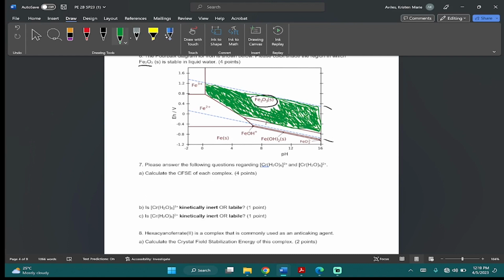Some of them are redox chemistry, some of them are not. But for the main part, it'll be really explicit what we're asking you, and you'll have seen the question before to some extent. It's not going to be a random question like where is the passivation and corrosion of iron stable in this graph. I wouldn't ask you that because I don't think you would know what that means in a graph like this.